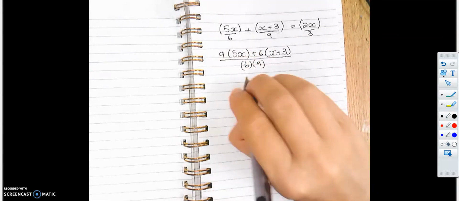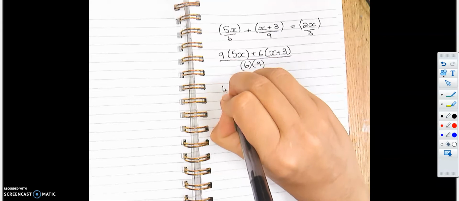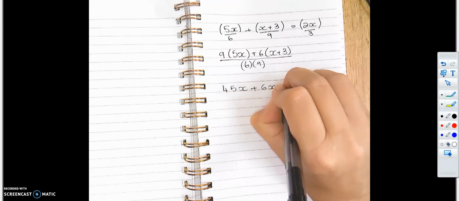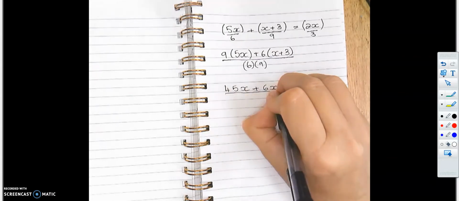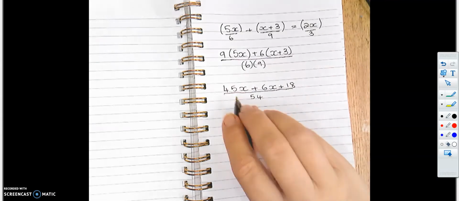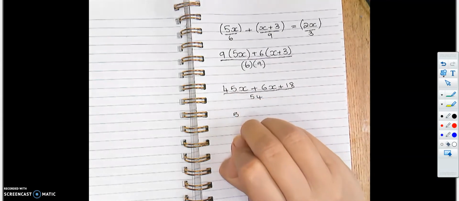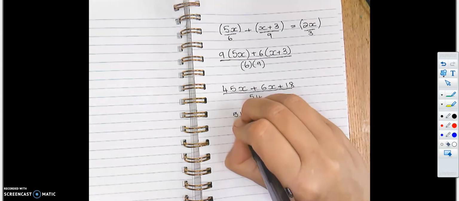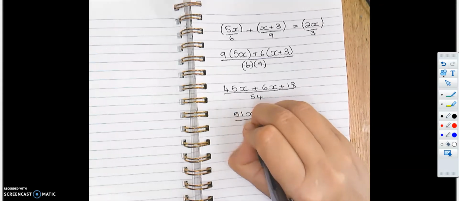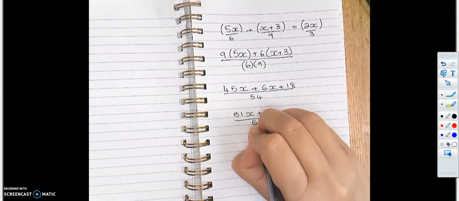Okay, so when we multiply that out, you get 45x and 6x and 18 all over 54. Tidy it up, you get 51x plus 18 over 54.